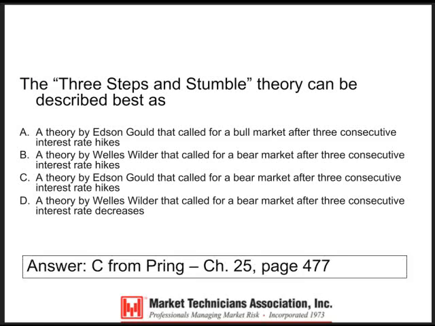That's correct. And then one thing you could do is just by knowing some of the basic things, Welles Wilder had a little bit different approach than looking at these kinds of indicators. He actually was more mathematical and had an engineering background. So I think you could eliminate two by just knowing the correct person.